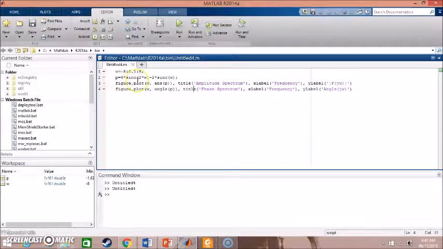For the second line, we define the function required to plot, which is p equals 4 sinc 2 omega minus 2 sinc omega.